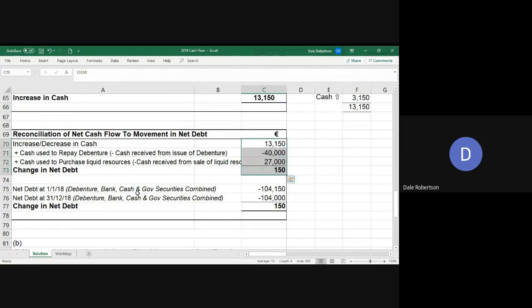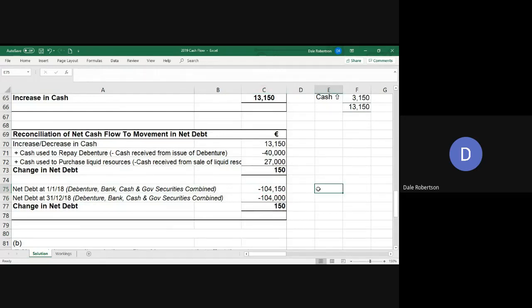And then how do we get our net debt at the beginning and the end of the year? Well, you are combining together the bank, the debenture, the cash, and the government securities to get 104,150. So you're combining together now.